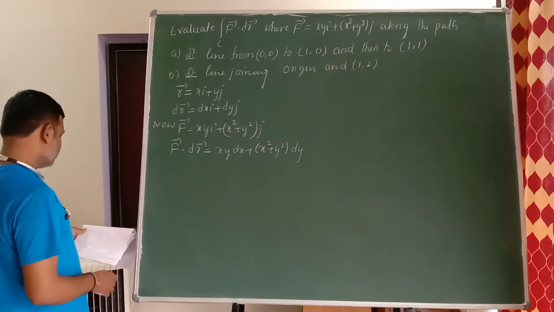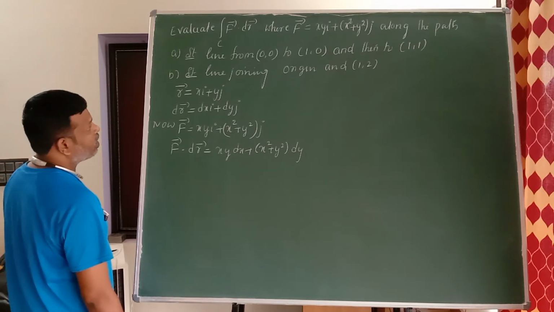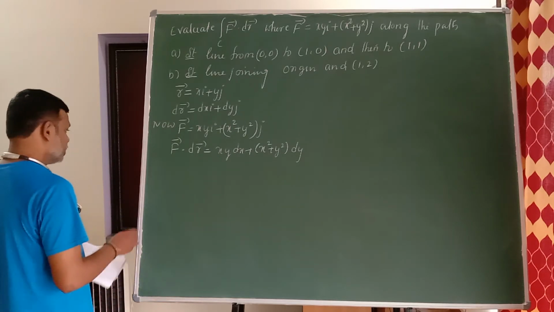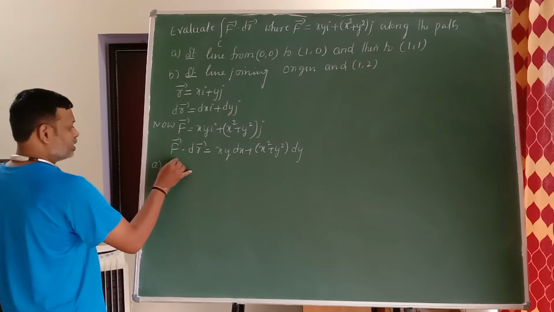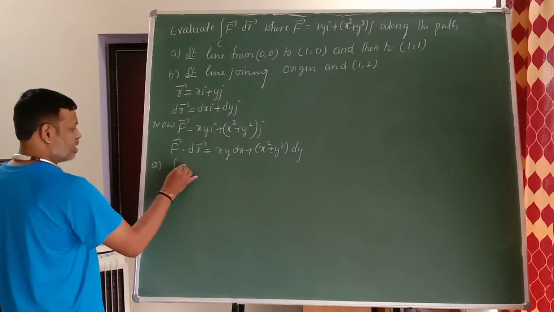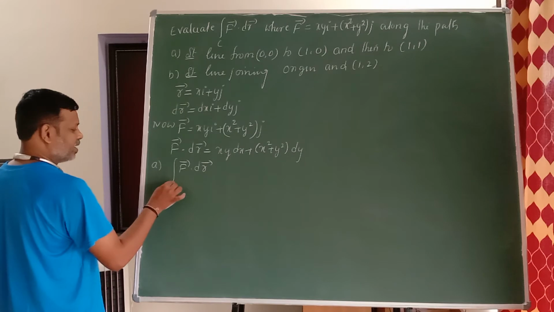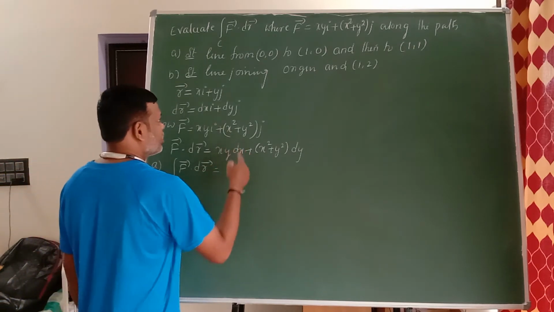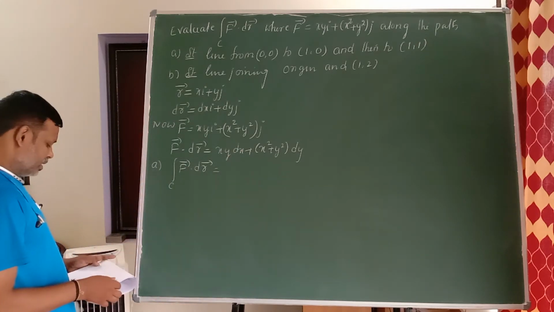Now the thing is very simple. We have to find out this one. The first one is a straight line from 0, 0 to 1 comma 0 and then 1 comma 0 to 1 comma 1. This is the concept. So the first one I am going to do is very important: the integration of F dot dr along C. What is the concept here?